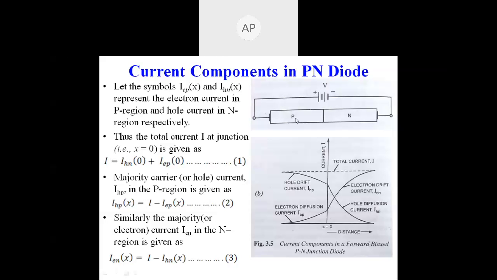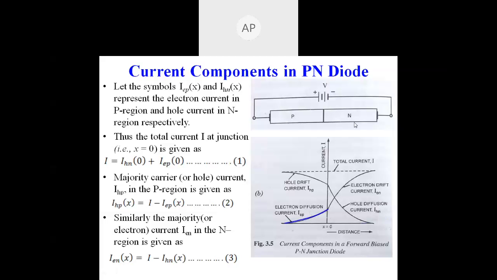And so here we will have the majority current in the P region given as I minus I subscript EP of x. Similarly here, I minus I subscript HN of x respectively.